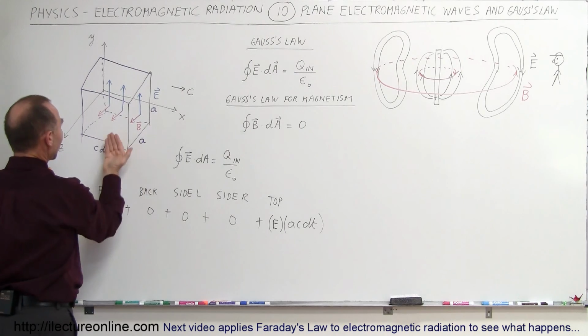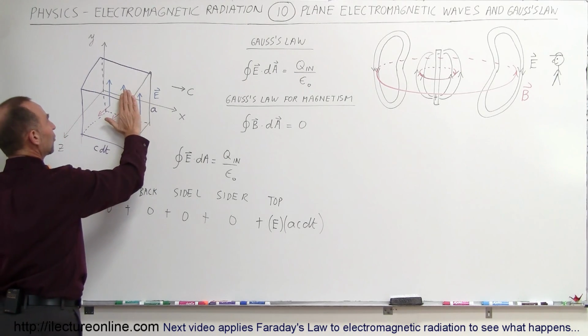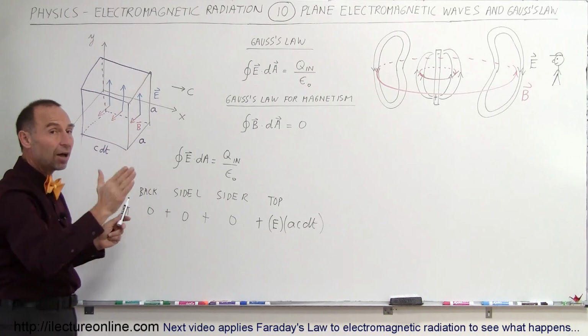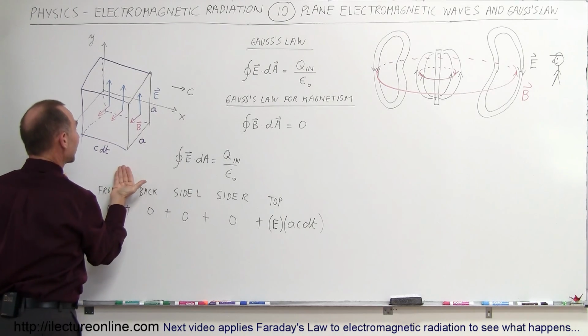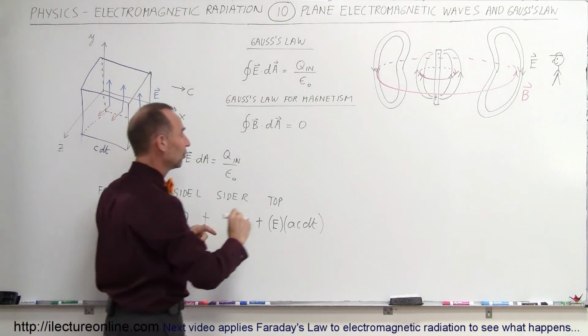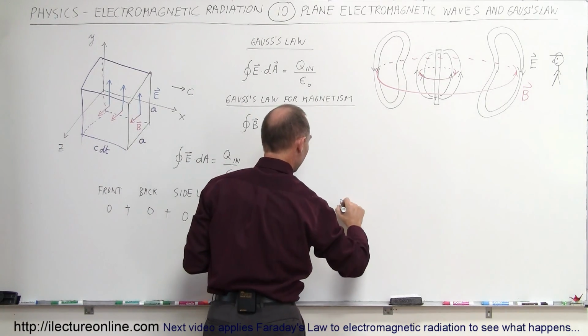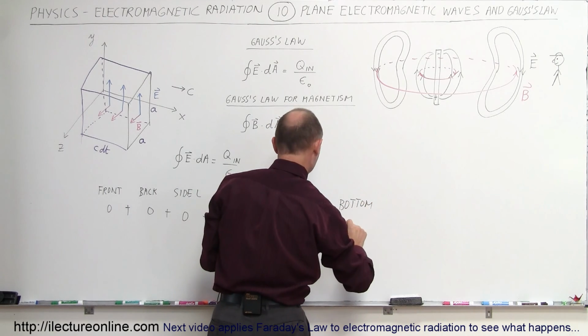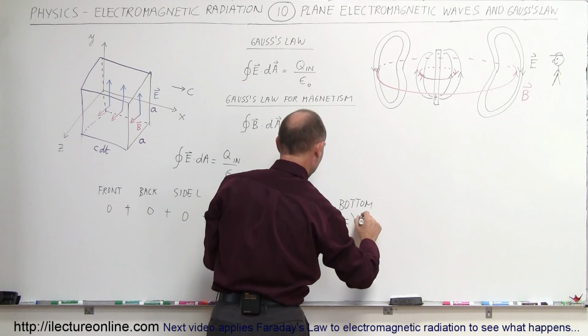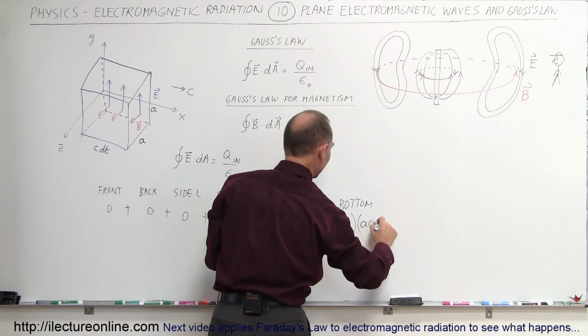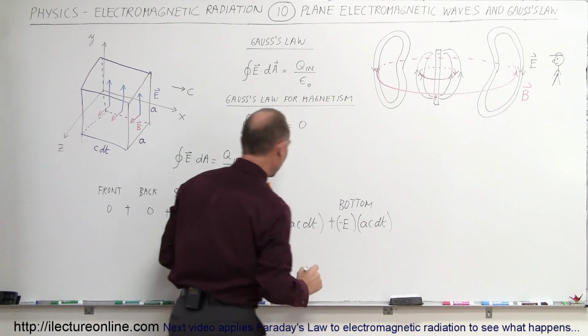And now at the bottom, so here we have the electric field going out of the surface, so that's positive. At the bottom we have it going into the surface, so that's negative. So plus the bottom, we have a negative electric field strength times the area of the bottom, which is A c times dt.